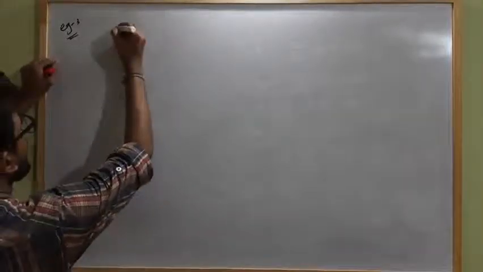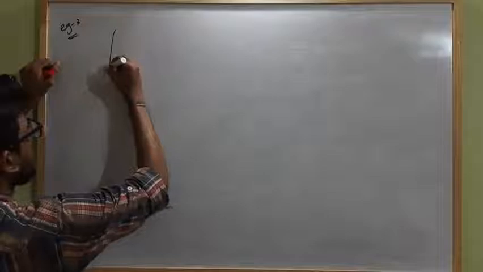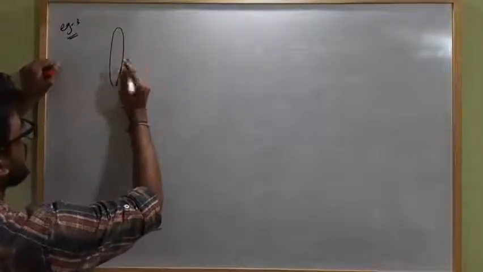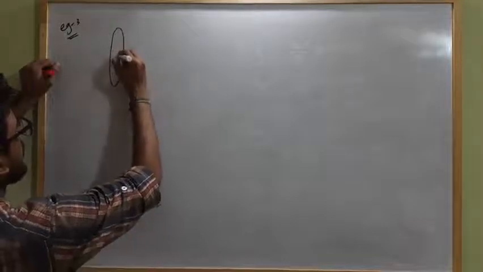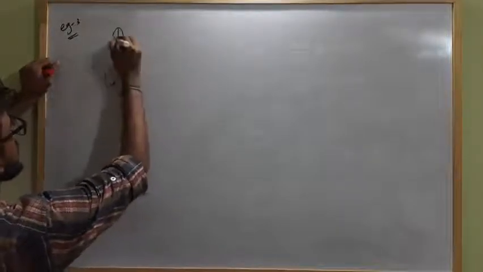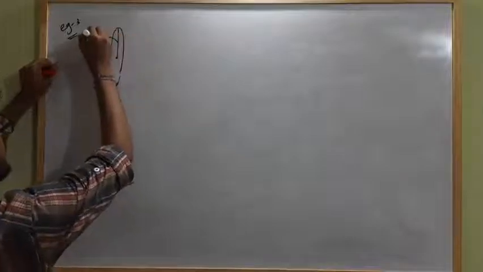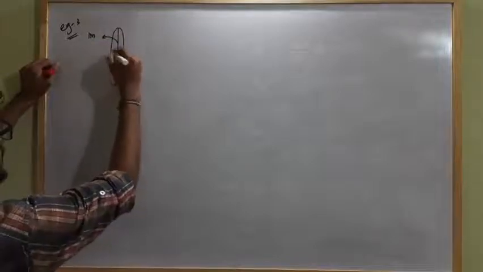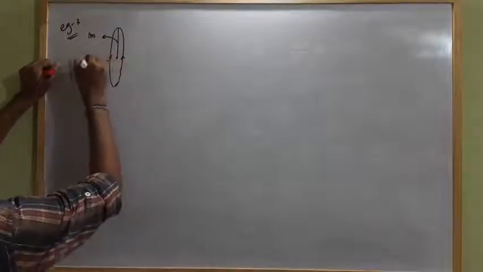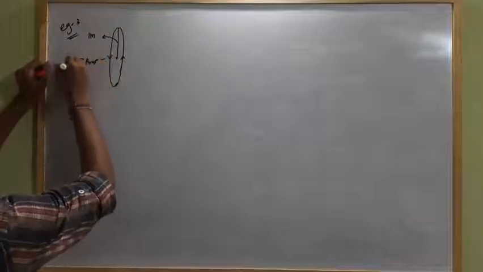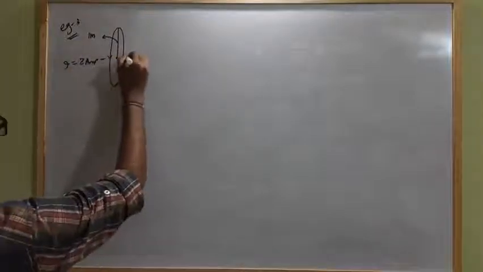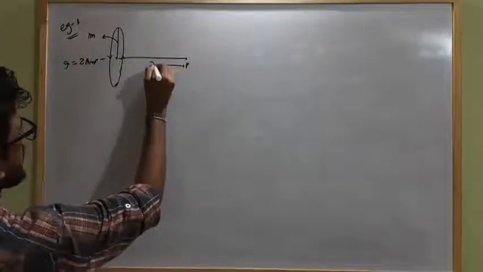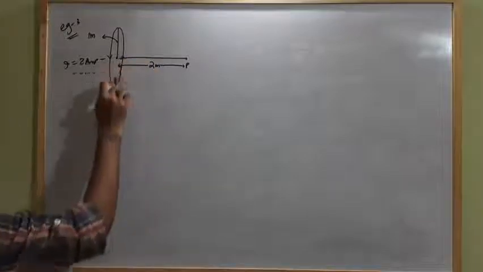Now here is a current carrying coil of radius r equal to 1 meter, and current I equal to 2 ampere is flowing like this, and here is a point of observation P at a distance 2 meter from this point.